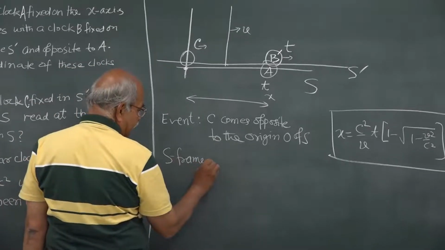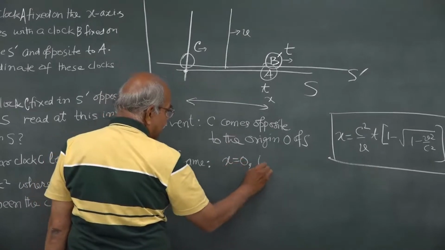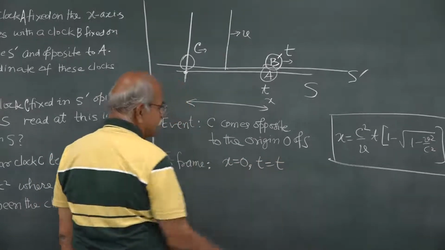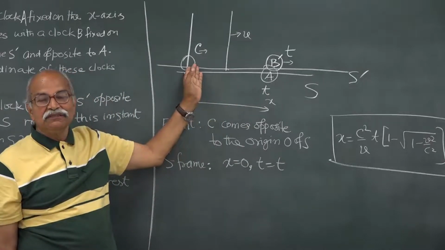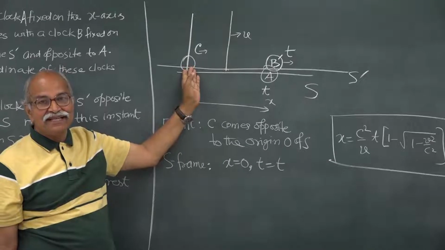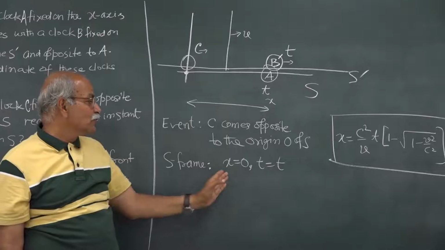It happened at x equal to 0, at time t, at this instant t. So the timing of this event is t and the location of this event is x equal to 0.